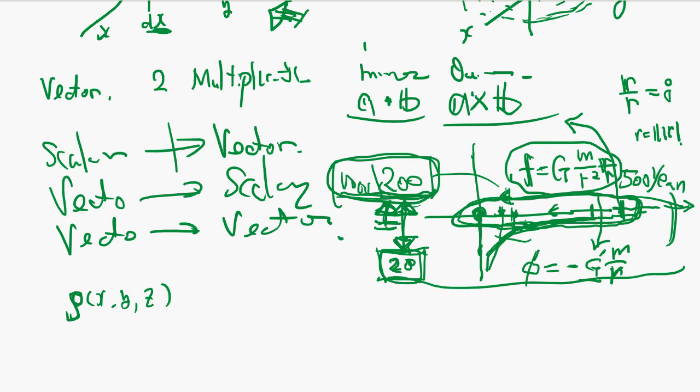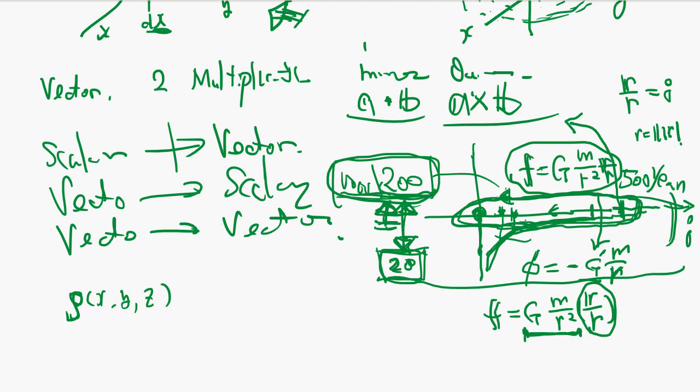If you choose I as a direction, we can write vector F equals G M over R square times R vector over R. This is just a unit vector, direction only, and this is the amplitude of the vector.